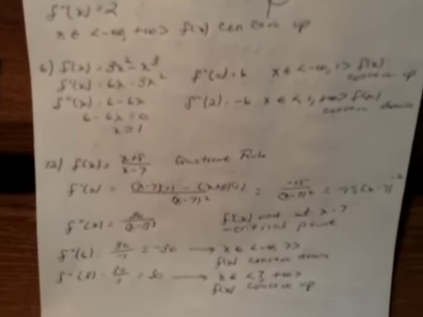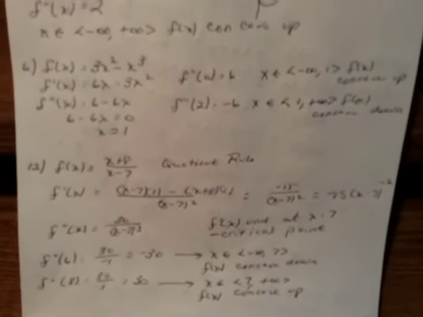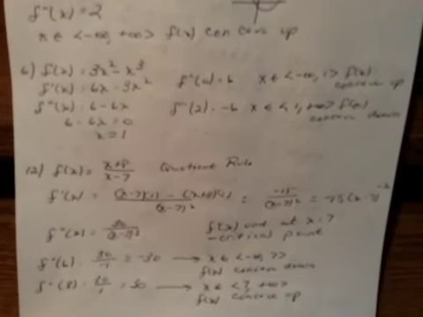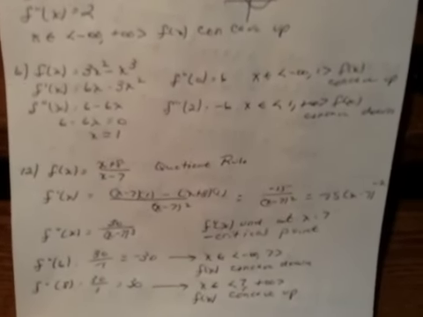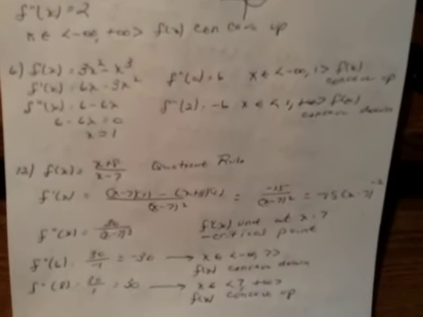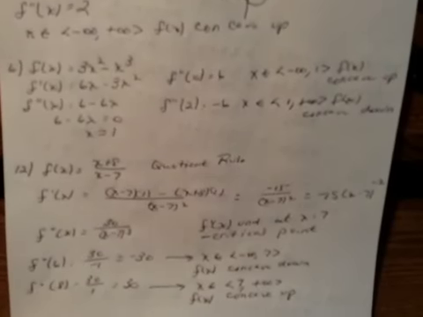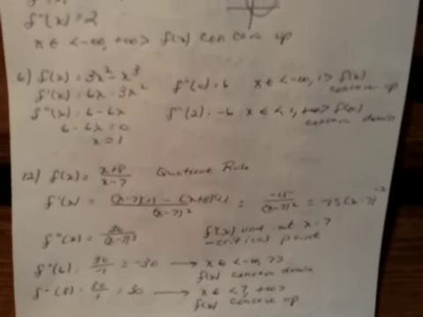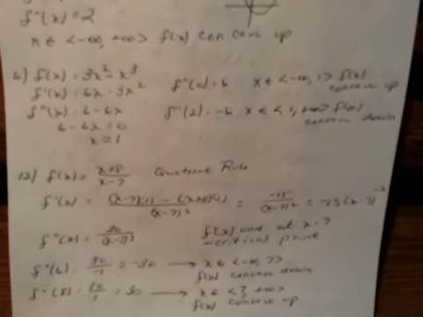Number 6, you take the derivative, the second derivative, set the second derivative equal to 0. Solve it, you get x equals 1. Taking a value on each side of 1, I picked 0 and 2. When you put 0 into the second derivative, 6 minus 6x, you get 6.